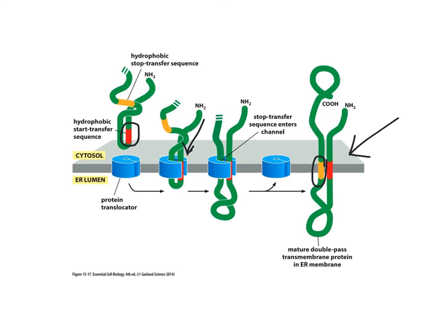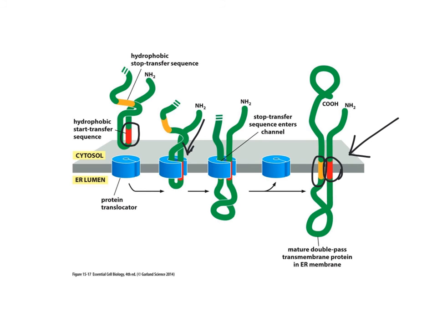And so the result is a membrane protein that passes through the membrane twice. And again, this signal sequence in red is not cleaved out. In membrane proteins that pass through the membrane more than two times, there are just additional pairs of start and stop transfer sequences as the protein is being made.